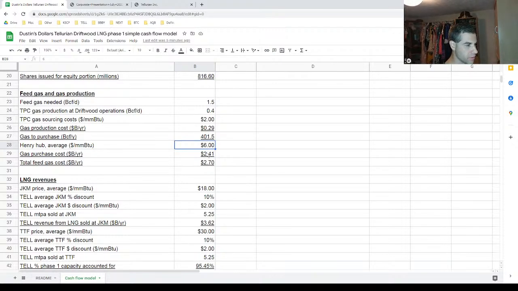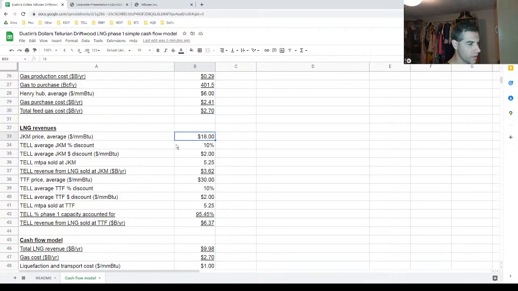Then you multiply those two and say this is how much it's going to cost them to buy that gas at Henry Hub per year in billions of dollars. And then you add up how much they had to purchase and their cost for producing their own gas to supply all of the total feed gas they need for Driftwood LNG phase 1, and that comes up with this number here on row 30. So that is this section all about feed gas.